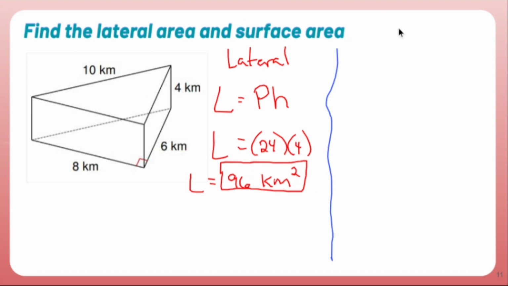The total surface area, which I'll call SA, and I know what you're thinking, hey, that's what I call my friends. No, not for this. Surface area is going to equal 2 times the area of the base, we've seen that capital B when we've done volume before, plus the perimeter times the height.